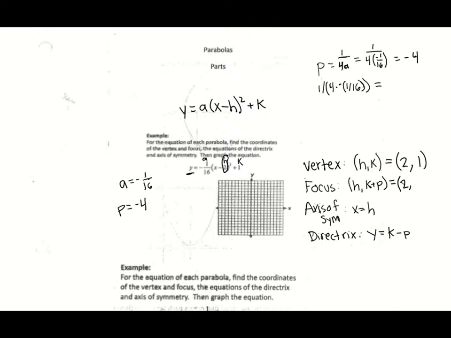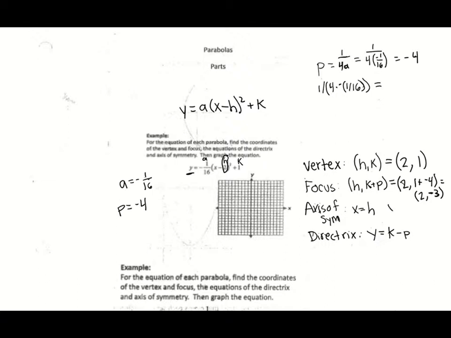So I have k, which is 1, plus a negative 4. And that means my point here is 2 comma 1 plus negative 4 is negative 3. Okay, my axis of symmetry is x equals h, and my h value is 2. So x equals 2 is my axis of symmetry.